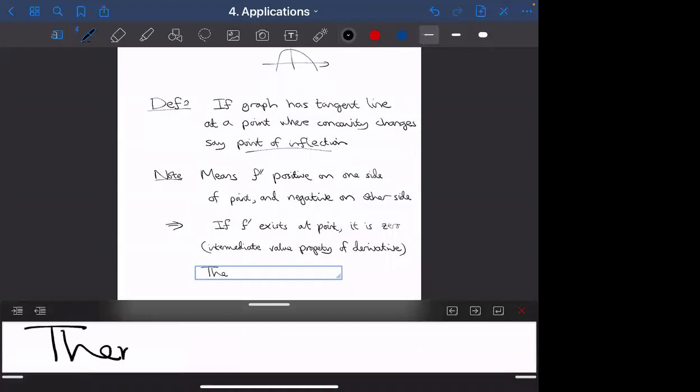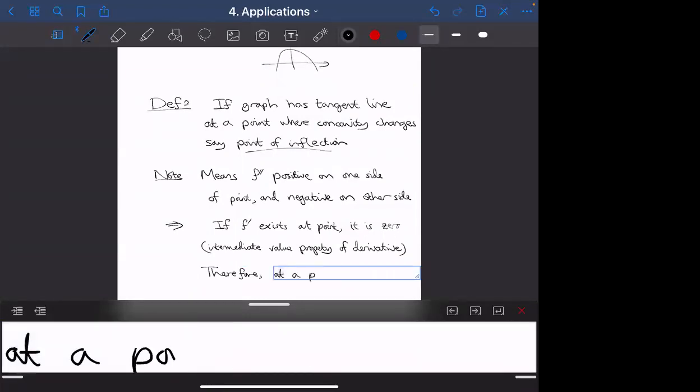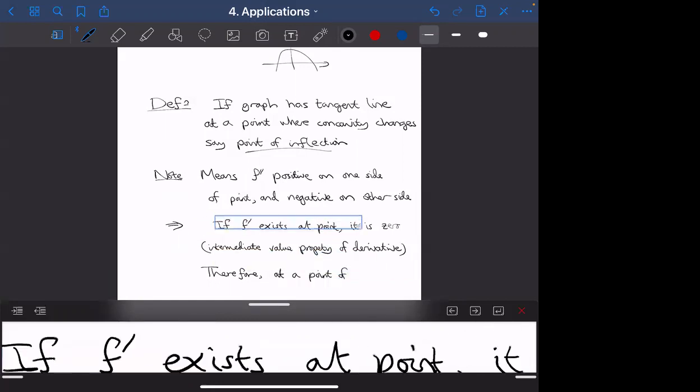Therefore, at a point of inflection, oh, I'm sorry. I mean, if f prime prime exists at this point, it is 0.